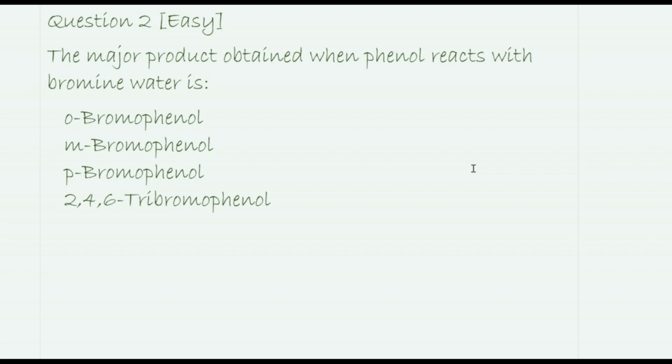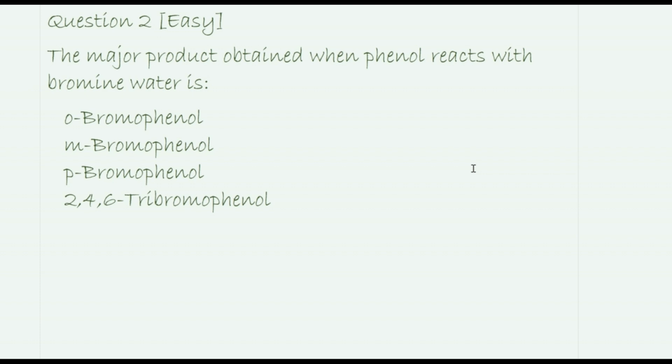The major product obtained when phenol reacts with bromine water. There are two types of reactions with phenol. One is bromine with CS2 and another one is bromine water.